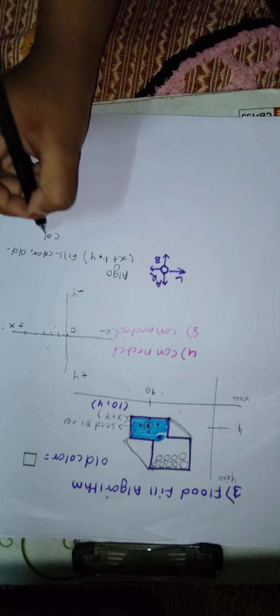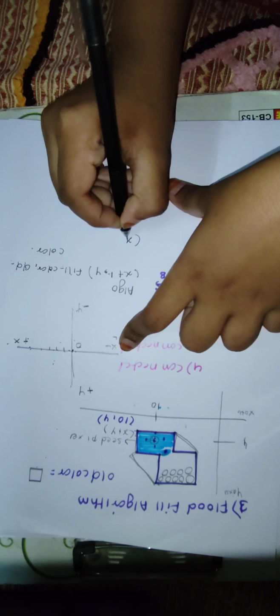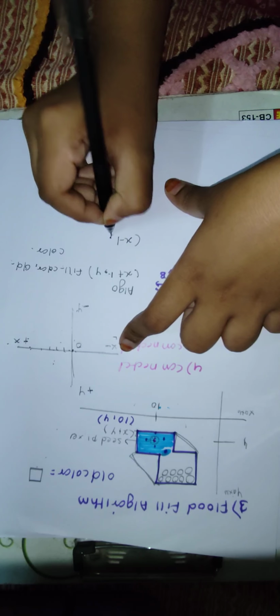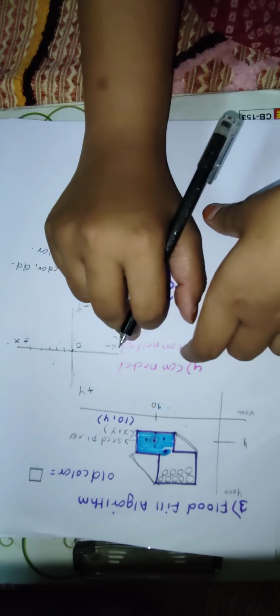Now second, we are going from the left side. Here we see that x is decremented, so our next condition will be x minus 1 comma y, because y is constant here and the x value will be decremented.